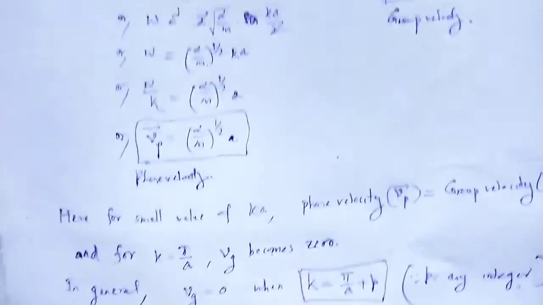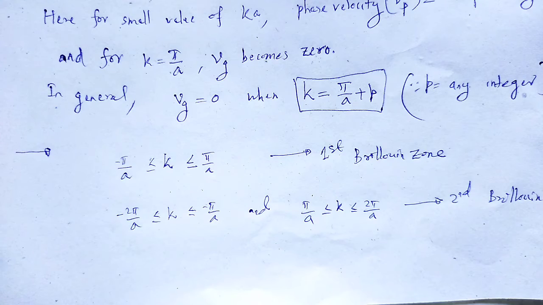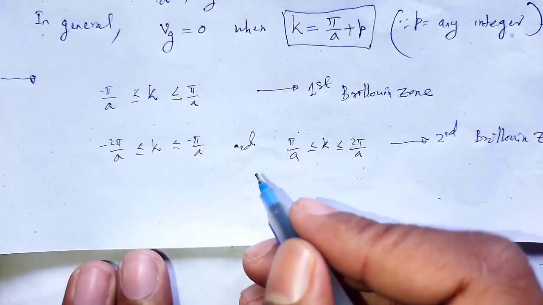Next, the third Brillouin zone also has two regions.